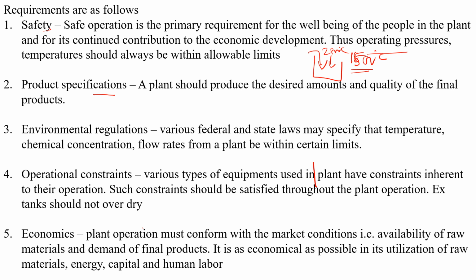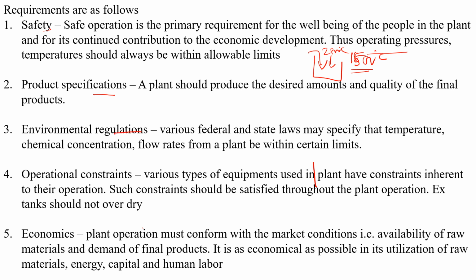Those things have to be maintained properly, and only then do we have the desired product. To maintain the quality, we have to maintain the ingredient levels, the temperature condition and the pressure condition. So to reach the product specification, we need process control.